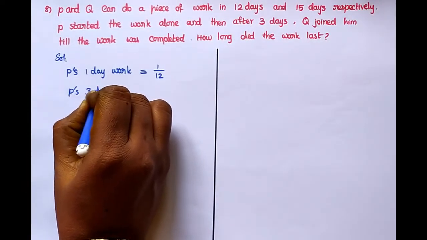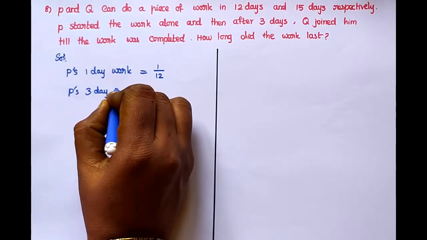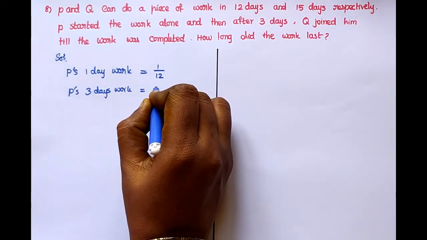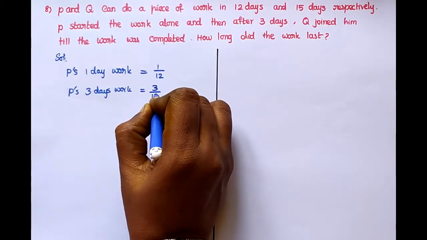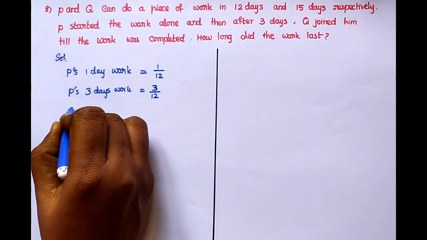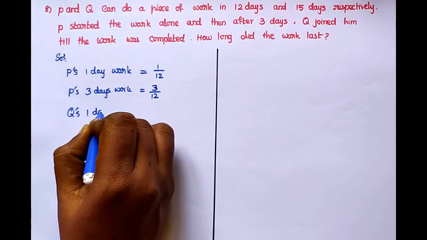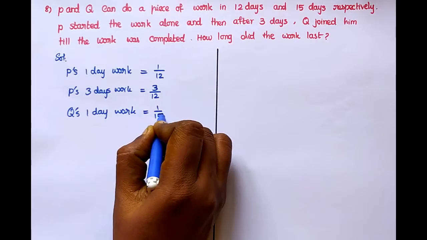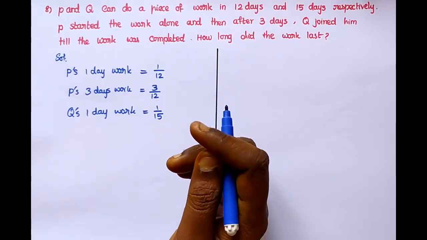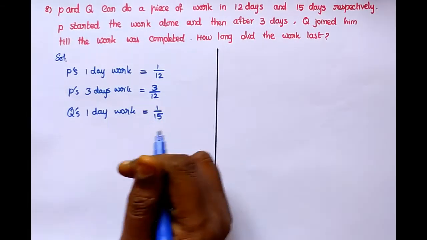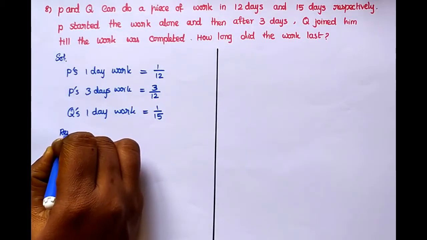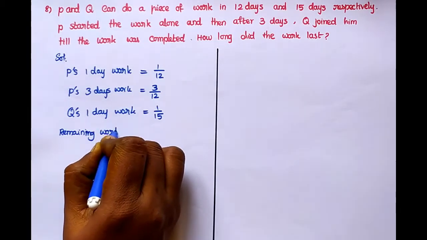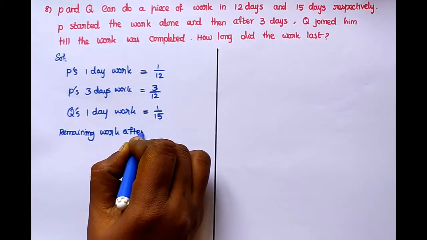So P's 3 days work is 3 by 12, and Q's 1 day work is 1 by 15, and remaining work after 3 days.